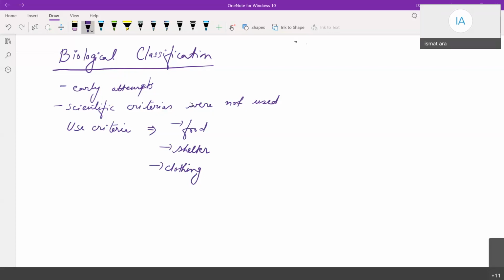The first scientific attempt was made by Aristotle. So he divided plants and animals.